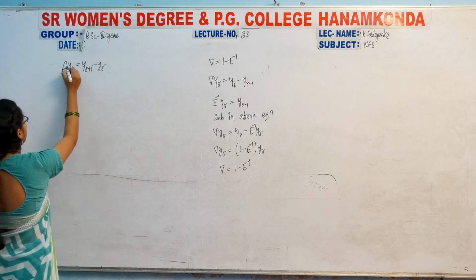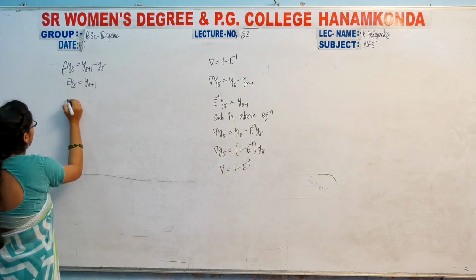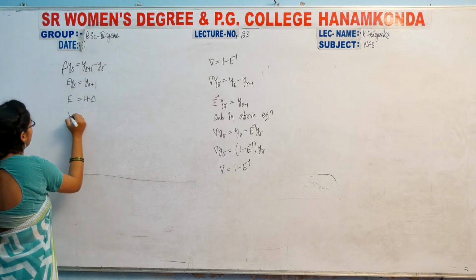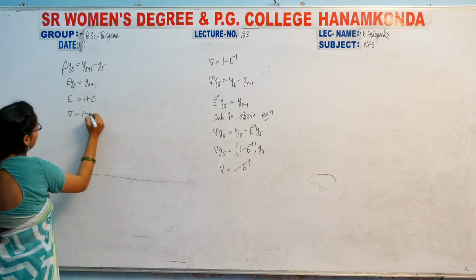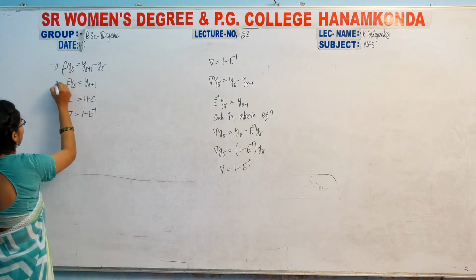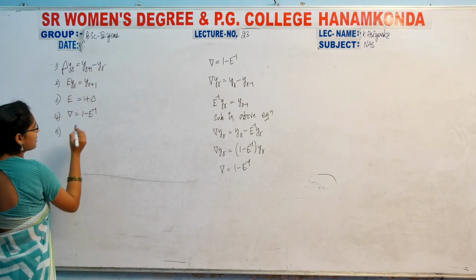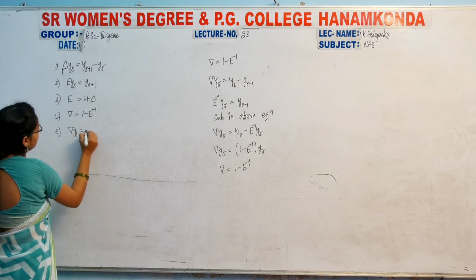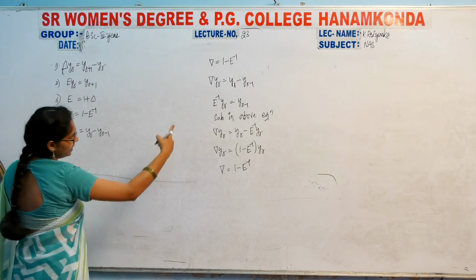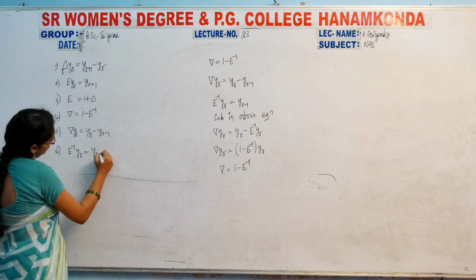And what else have we learned now? E y r is equal to y r plus 1 and E is equal to 1 plus delta. Next, backward is equal to 1 minus E inverse. With formulas, first one, second one, third, fourth, fifth one is backward y r is equal to y r minus 1, and sixth one is nothing but inverse operator y r equal to y r minus 1.